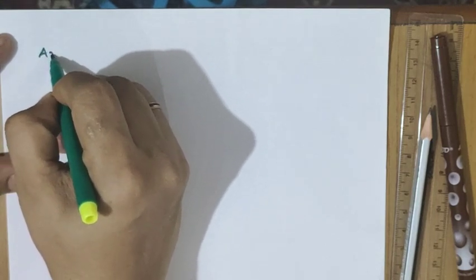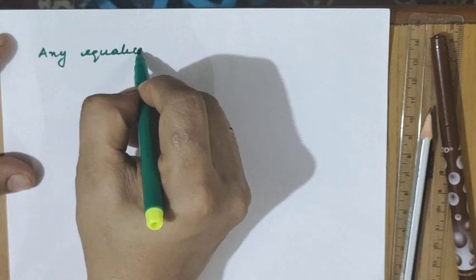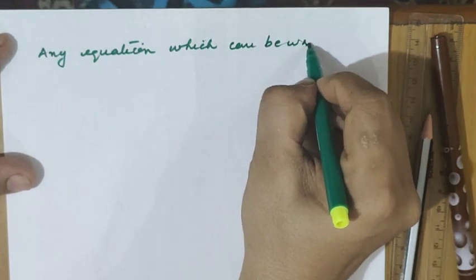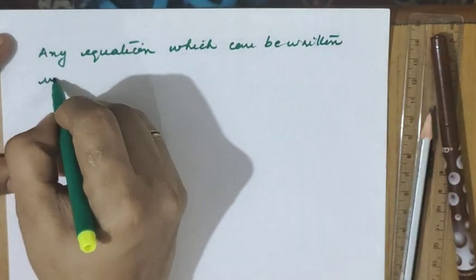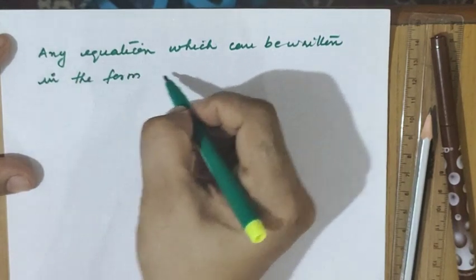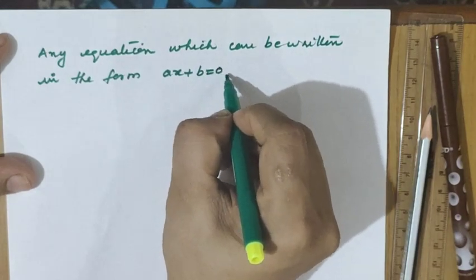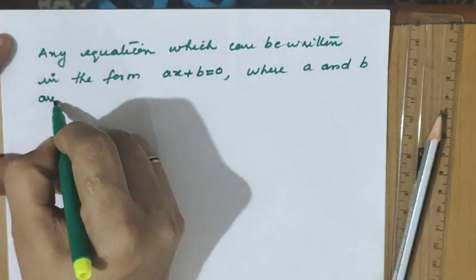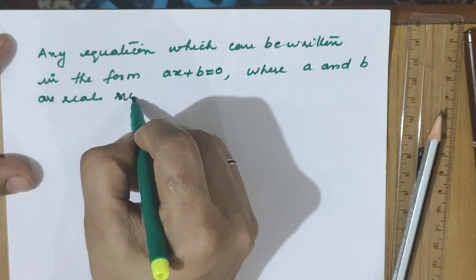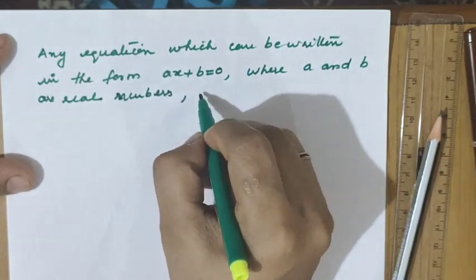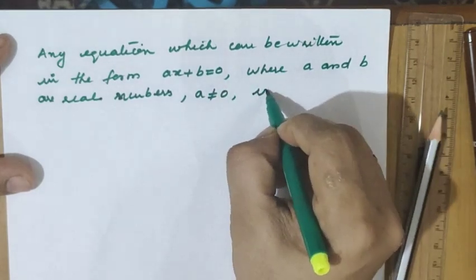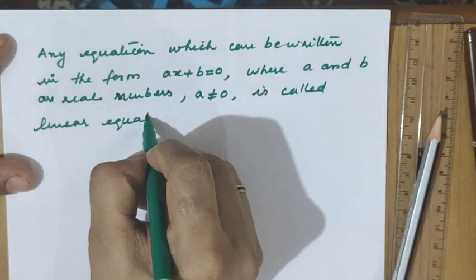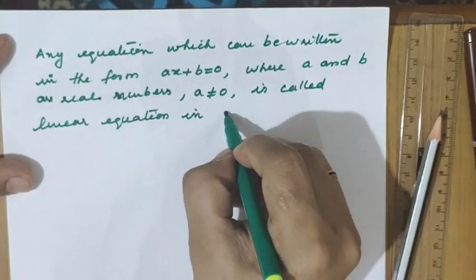Any equation which can be written in the form ax plus b equal to 0, where a and b are real numbers and a not equal to 0, is called a linear equation in one variable.